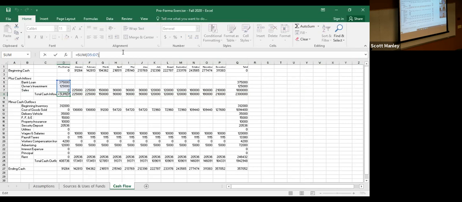And this formula is going to be the same all the way across to your total column. Because what we want to do is we're totaling our cash inflows for each individual month, and we're totaling our cash inflows for the period. Okay?